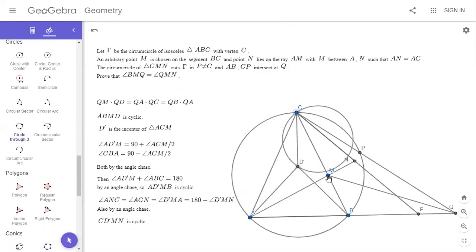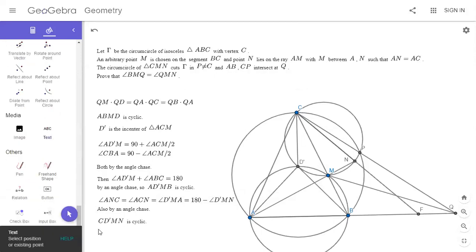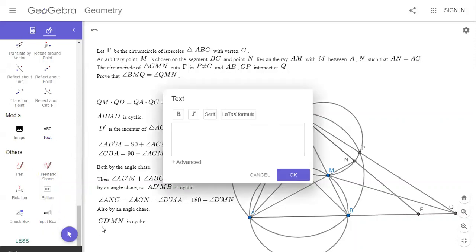So I'm going to draw in those two circles. Did we ever show that? So D is equal to D prime. And then we can finish the problem off very easy from there.